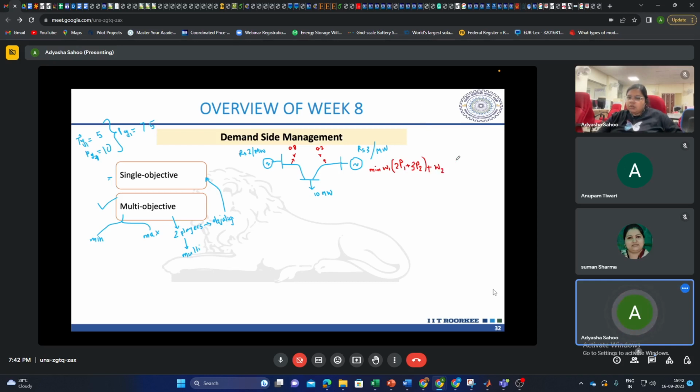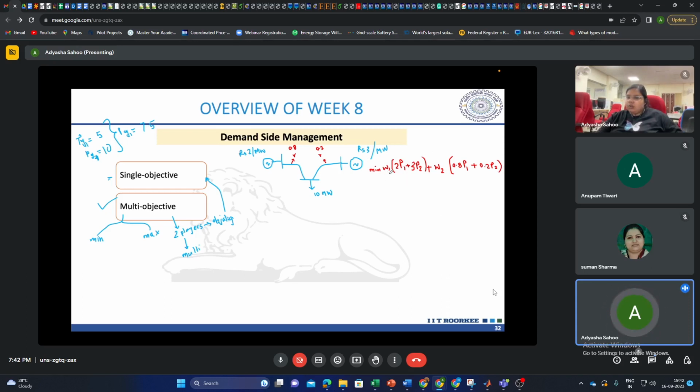So it is W2 times 0.8 times P1. Basically this P1 is equal to P12, plus 0.2 times P2. So depending upon this W1 and W2, we'll get different solutions.